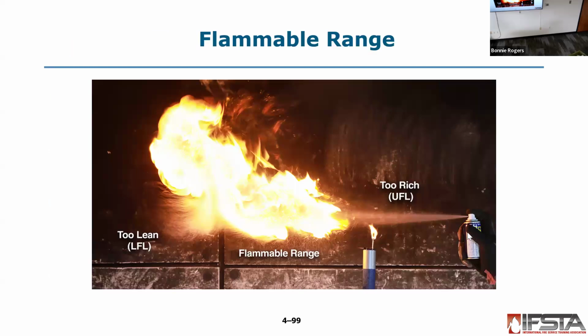It looks like he's got some WD-40. Here's our ignition source coming here, so this is too rich. The concentration is too high. And then it comes out here, and all of this is our flammable range. And then here, the concentration is too lean to burn. Okay. Does that picture kind of make sense?